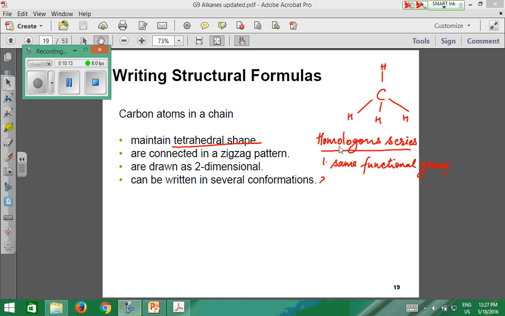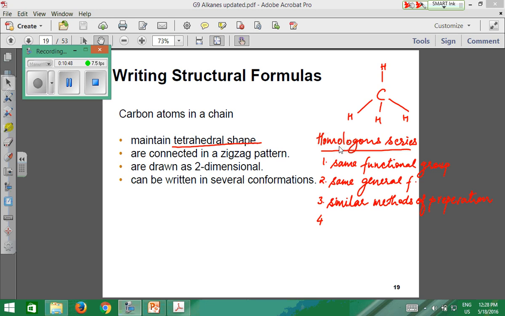Second point is they have the same general formula. They will have similar methods of preparation. Let me revise: same functional group, same general formula, similar methods of preparation.